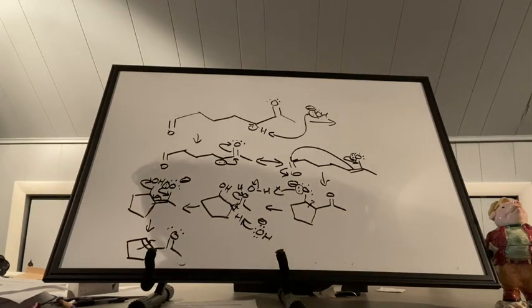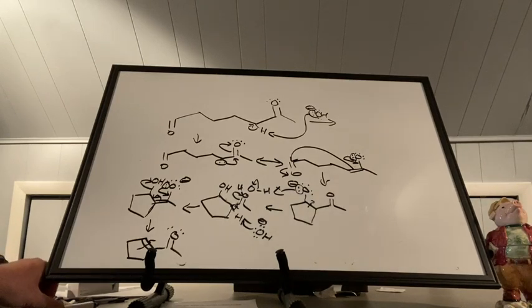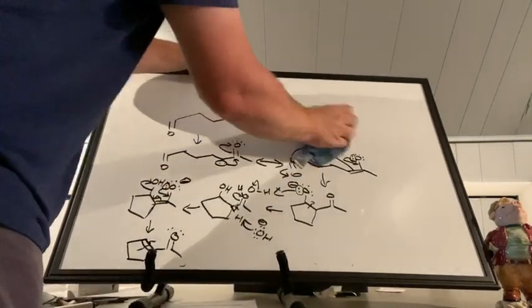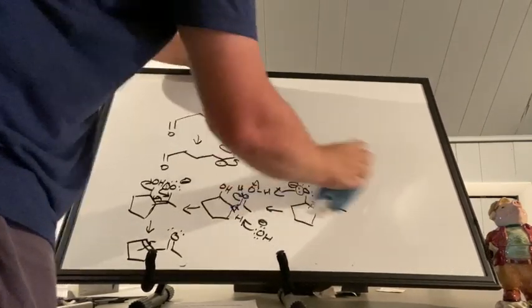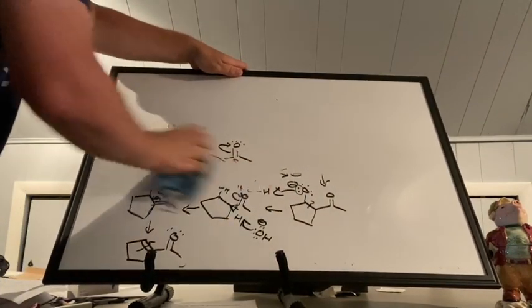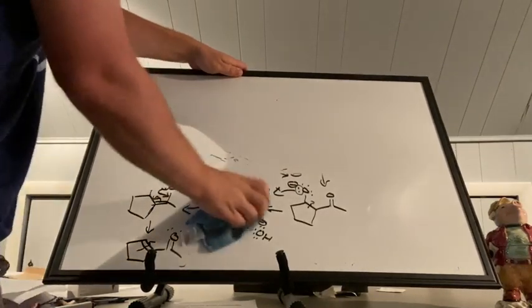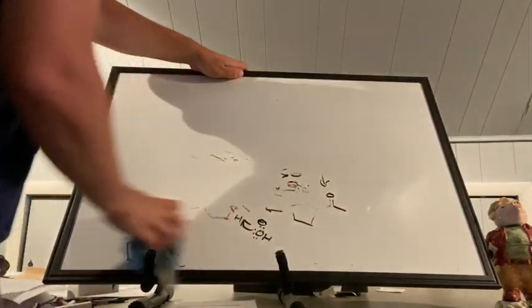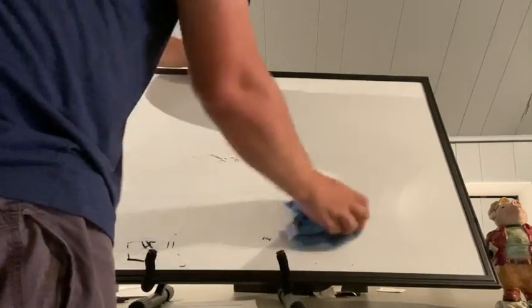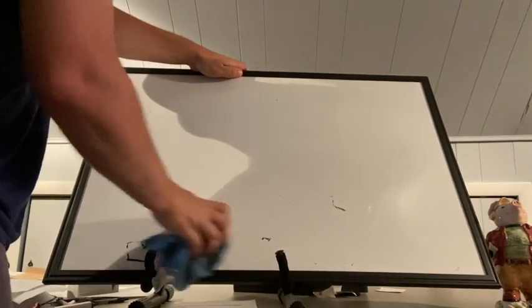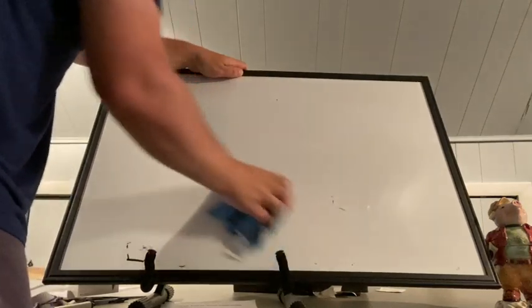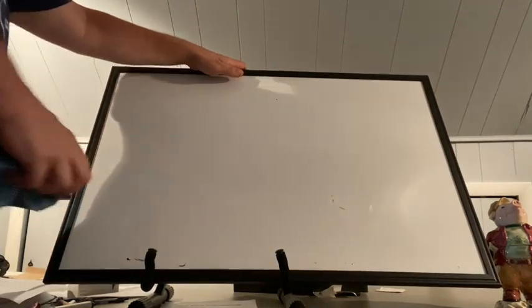All right. Last thing to cover conceptually before we go over a couple more problems and mechanisms is Robinson annulation. So in your notes, I said that the reagents needed are an alpha beta unsaturated carbonyl with 2 acidic alpha hydrogens, and then a ketone or aldehyde with 1 acidic alpha hydrogen.